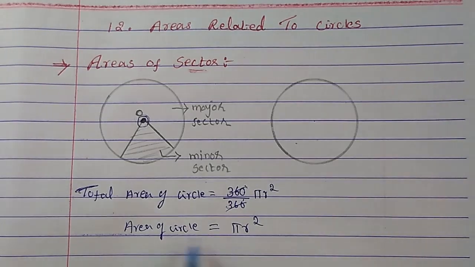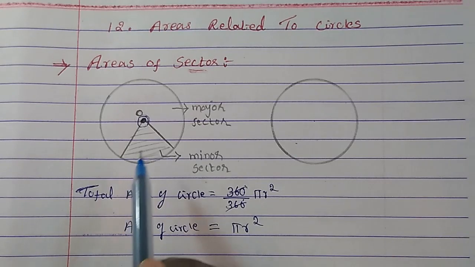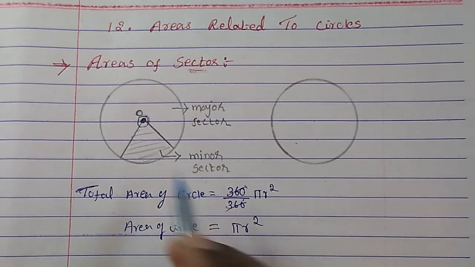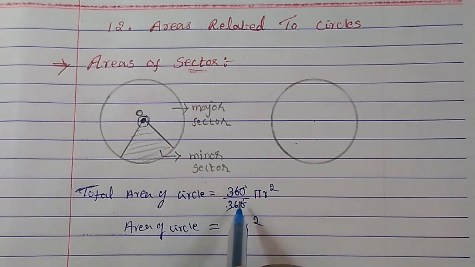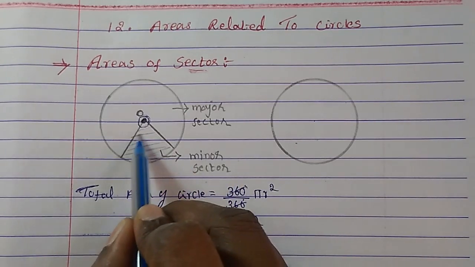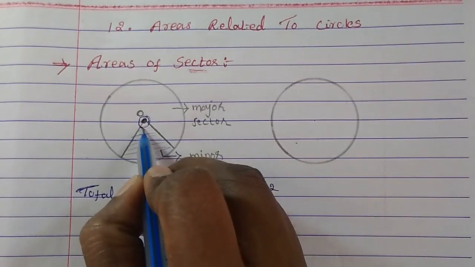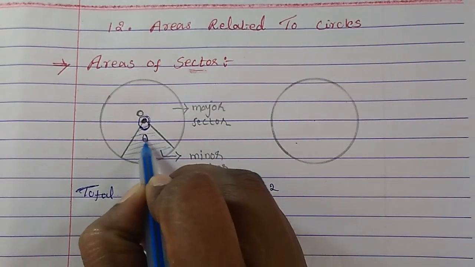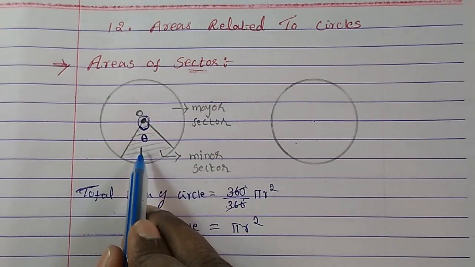Okay, so this is area of circle, but here we want to know the area of this sector, not the area of the whole circle but the area of sector. Area of sector means either this part or this part. So how to find out? So we know the total angle is 360 degree, but if we want to know only this much part, the area of this sector, that means this much angle, let's consider theta. Okay, this angle can be some degree out of 360.